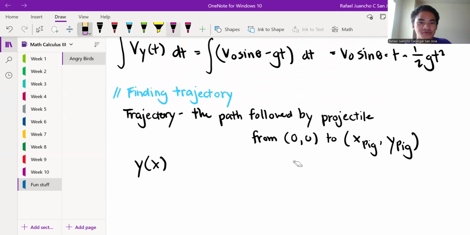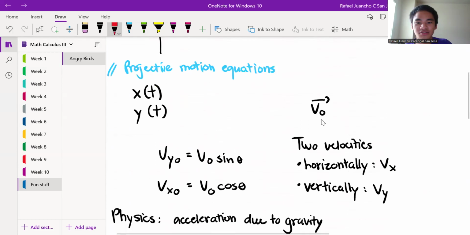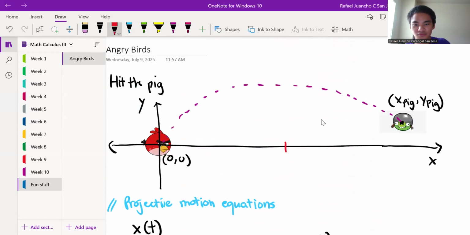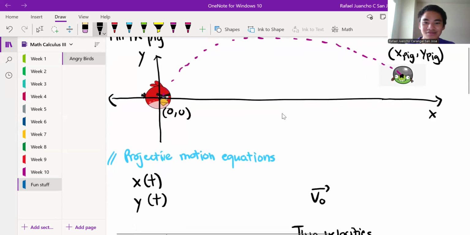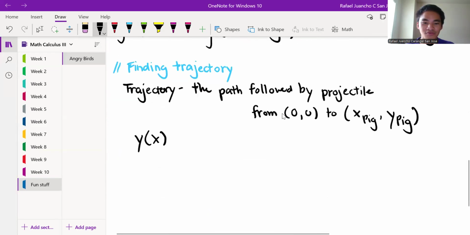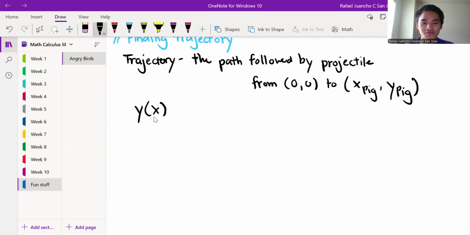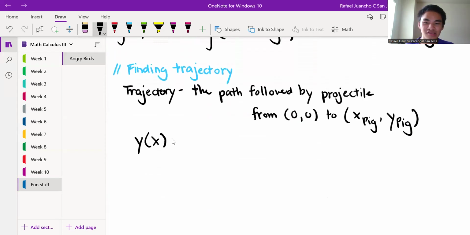It's basically what we did earlier: based on some x, we get a y. That's just the idea that we're trying to apply in math. So it's a function. We plug in an x, we get a y. So we want to find y of x. And we're actually given this already.